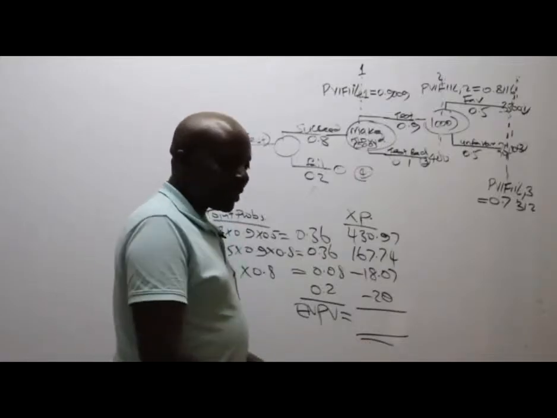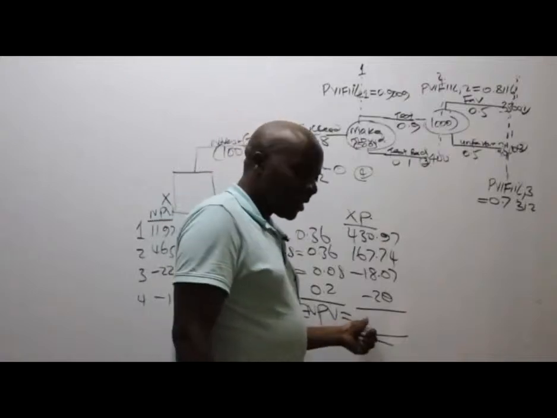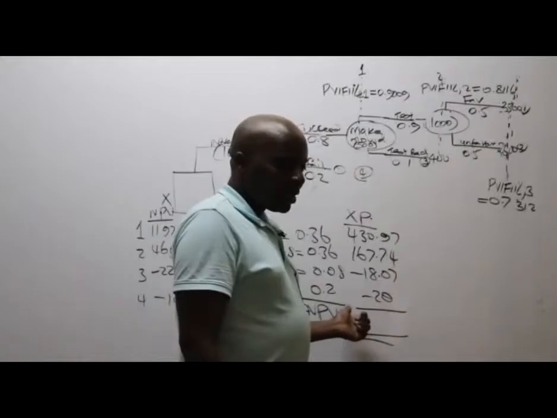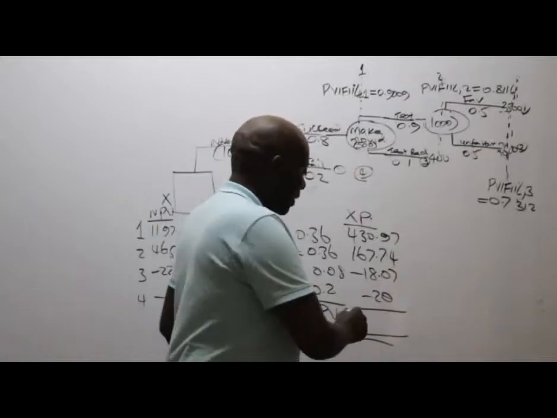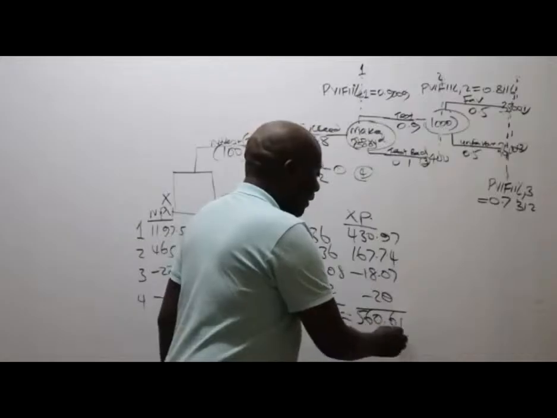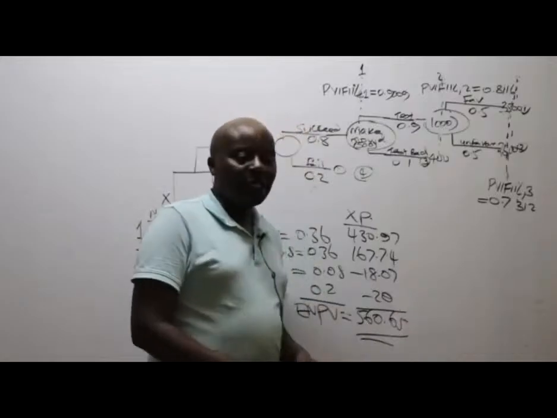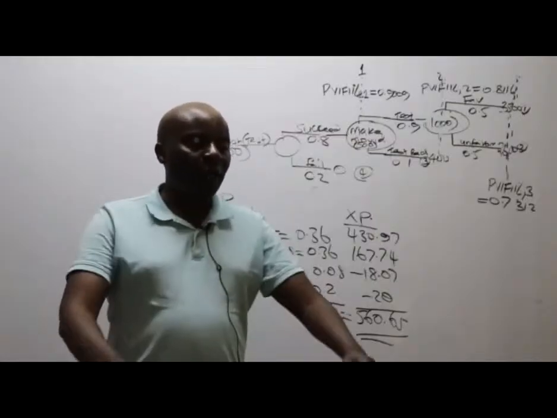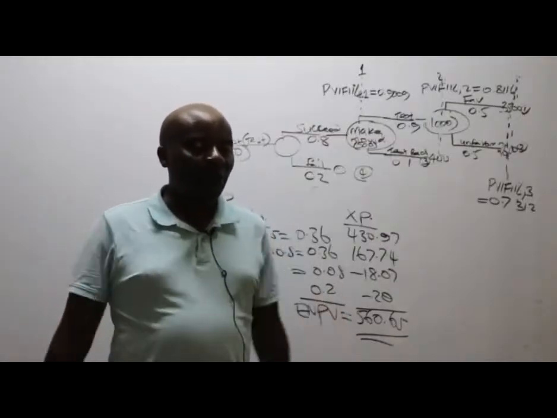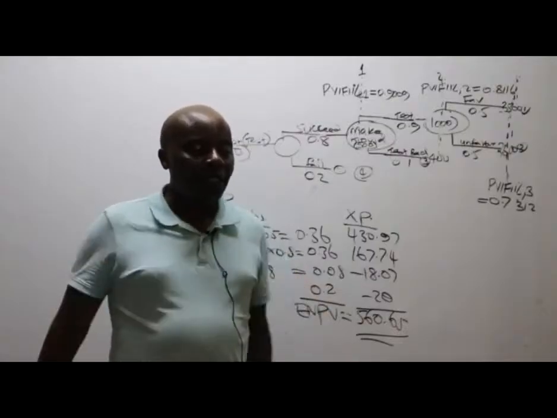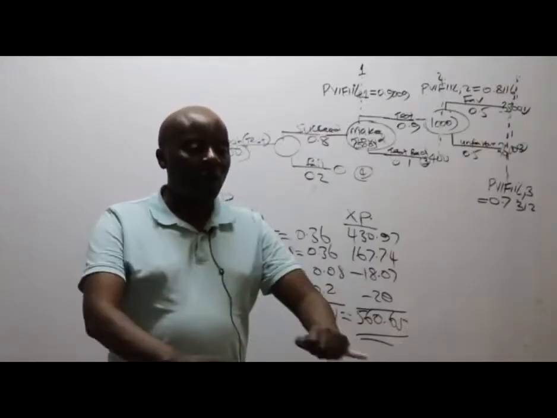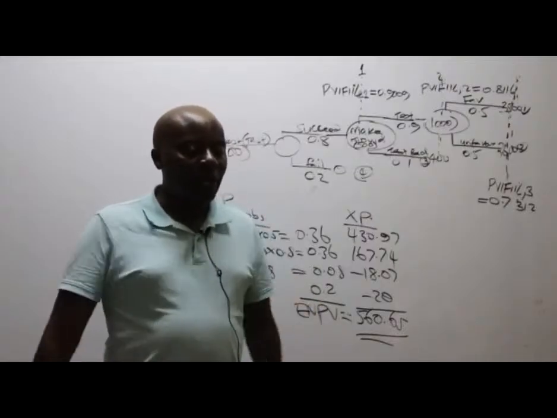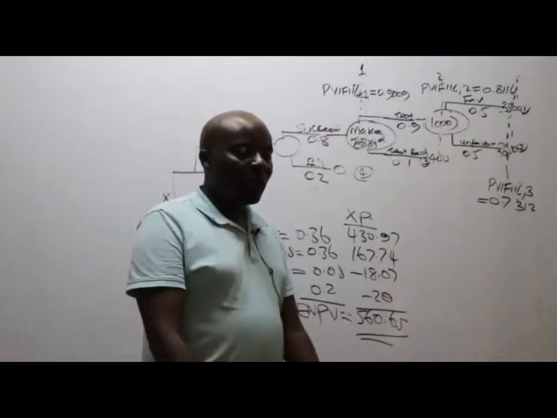Right. So then the expected net present value, somebody give me the last figure here. What figure are we getting here? 560.65. That tells us that this project is viable.